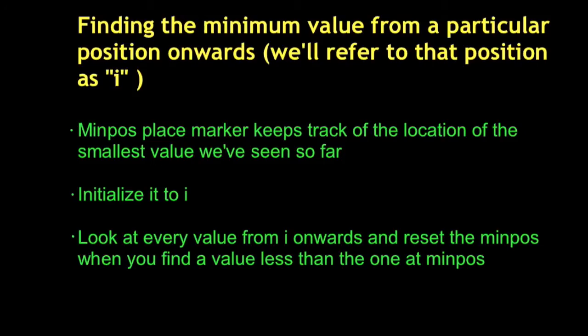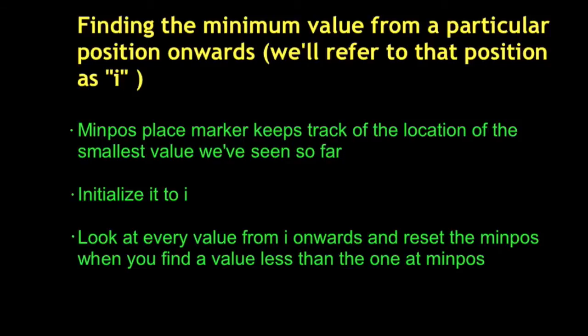So real fast, I'm just going to go over the procedure of finding the minimum value from a particular position onwards, because we're going to be seeing this a few times. When we find the minimum value from a particular position, we'll say I onwards, we create a place marker called min_pos that keeps track of where the smallest value is from position I onwards.